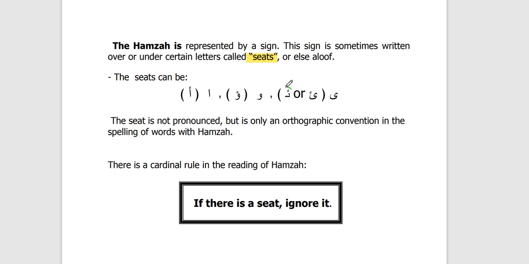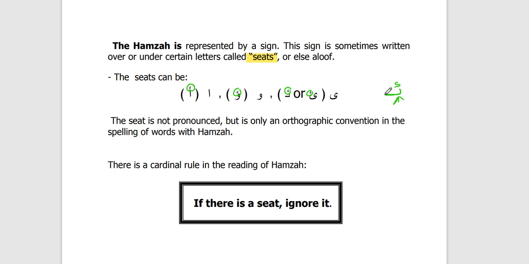Now, the hamza that sits on a letter, like here you can see above the waw, above the alif, when hamza comes in the middle of a word, it sits on it, and this is called a seat.